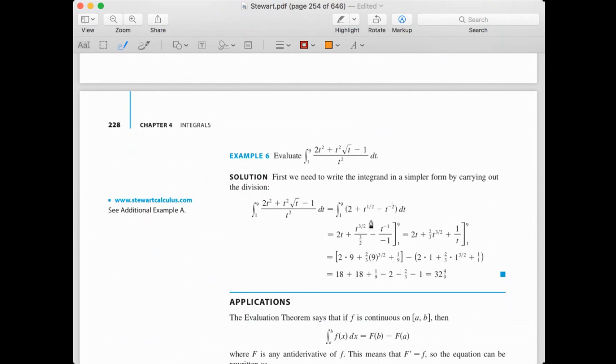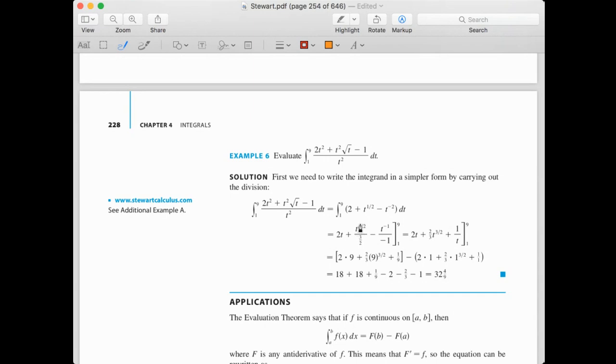Because it's polynomial-like, we can apply the polynomial rule for antiderivatives. The antiderivative of 2 is 2t. For t to the half, we add 1 to a half and divide by a half plus 1. Half plus 1 is 3 over 2.